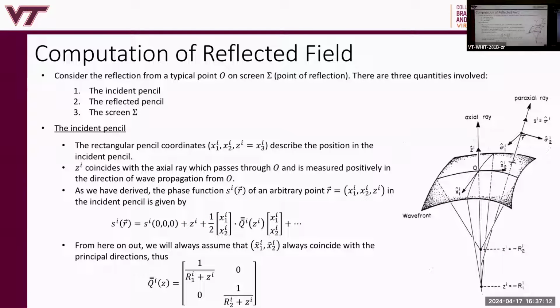Okay. So from here on out, we'll always assume that x1 incident and x2 incident, the local pencil coordinates for the incident pencil, always coincide with the principal directions. Therefore, our curvature matrix for the incident pencil is 1 over (R1 incident plus z incident) and 1 over (R2 incident plus z incident). Diagonal. Why is it diagonal? So how do we get a diagonal curvature matrix?